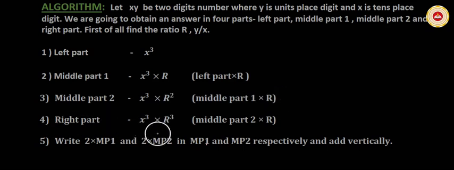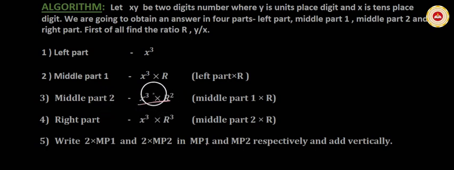X cube multiplied by ratio R cubed. It means that middle part 2 multiplied by ratio R.